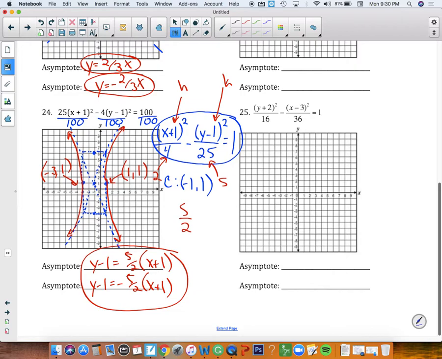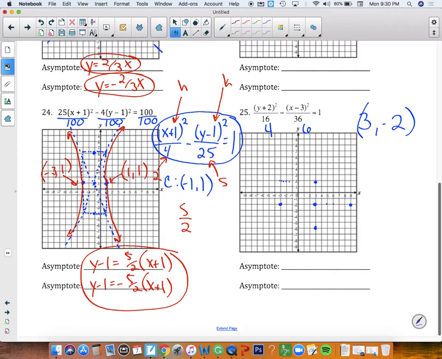So we have a vertex of 3, negative 2, which is there, and we have an x value of 6 and 4, so we go 6 left, 6 right, right there, 3, 6, right there, 4 up, 4 down, there, and there.